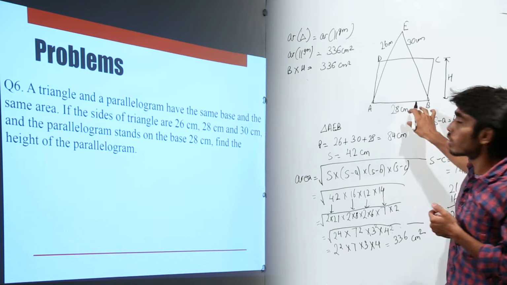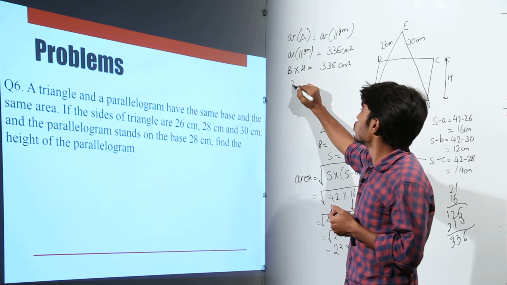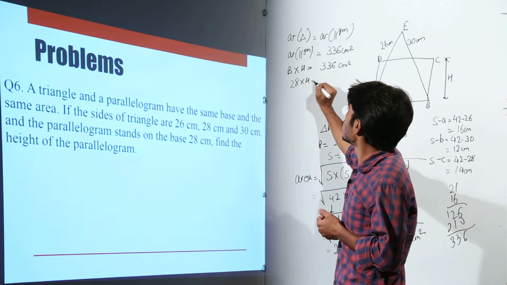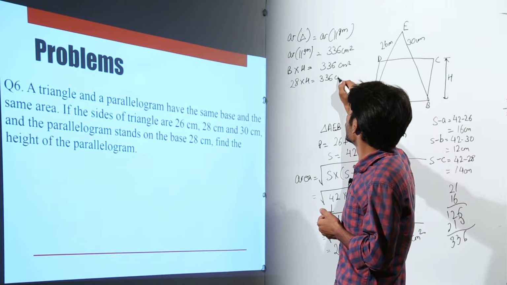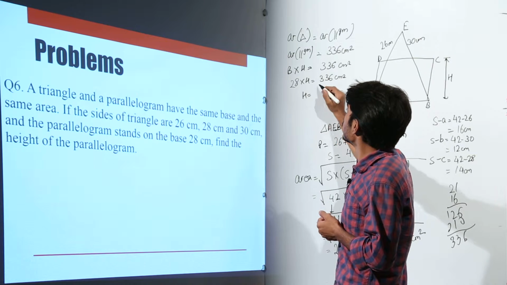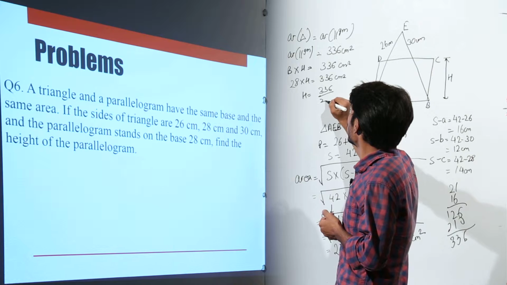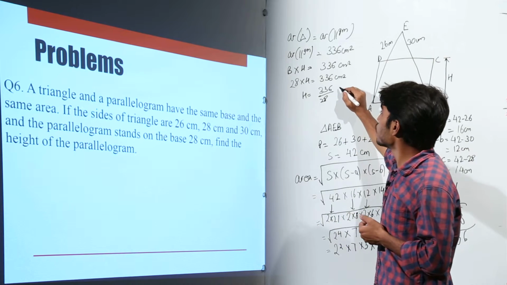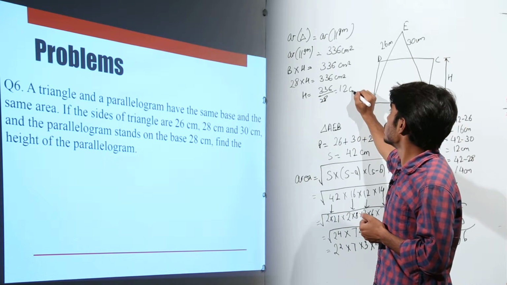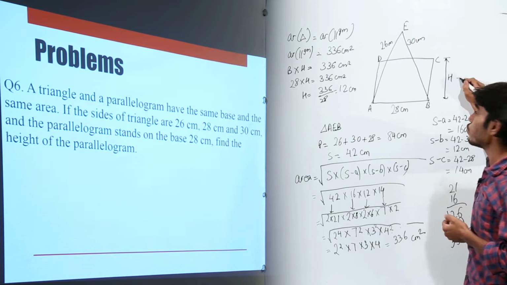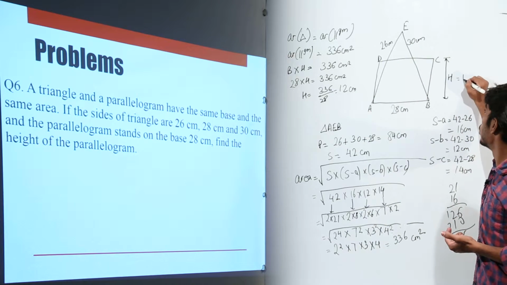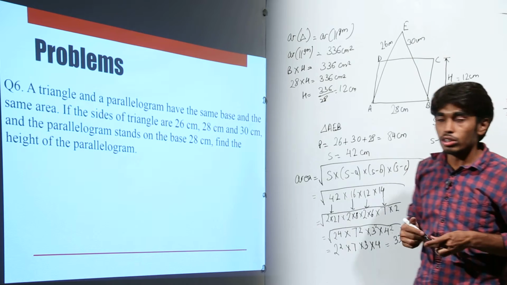Now the base of the parallelogram is 28. So 28 into h is 336. So h becomes 336 by 28, which is nothing but 12 centimeter. So the height of the parallelogram comes out to be 12 centimeter.